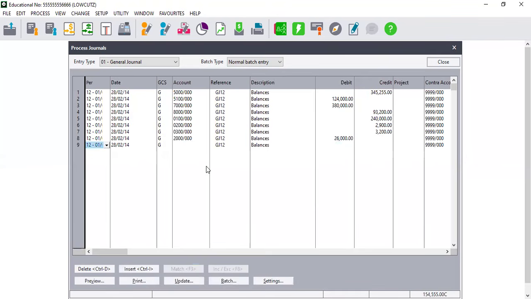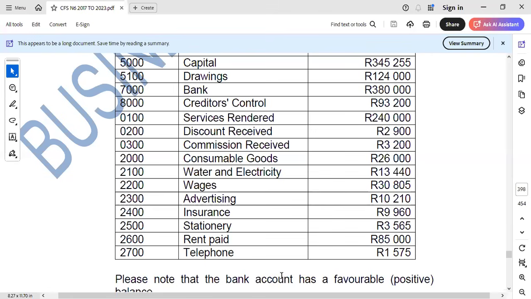Now, where are all these amounts that I'm talking about? They are here. These are the amounts that I'm recording on that side. So just have a look at them.